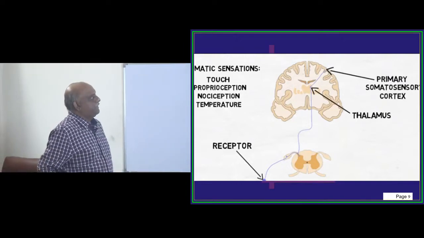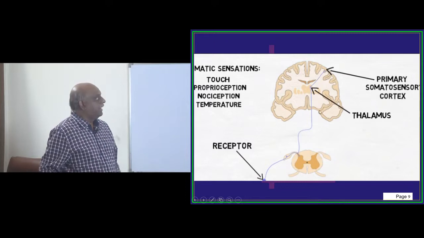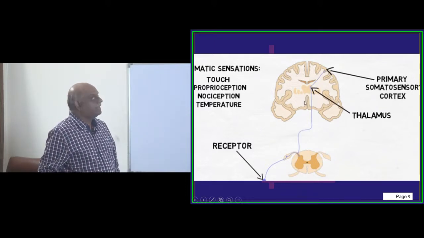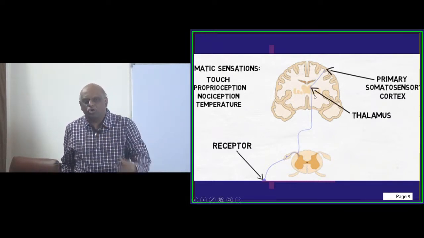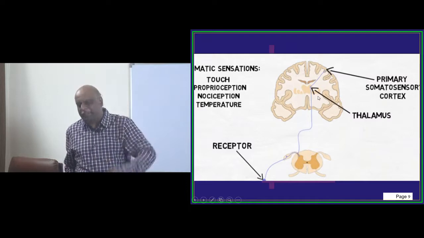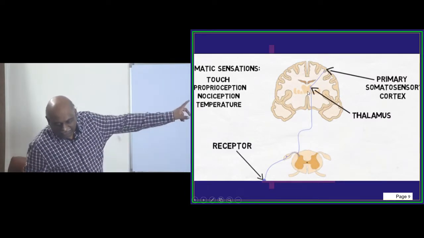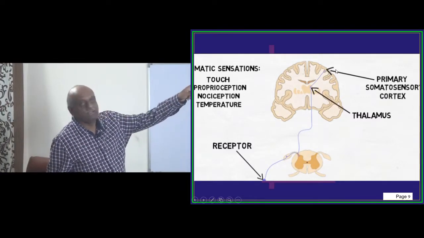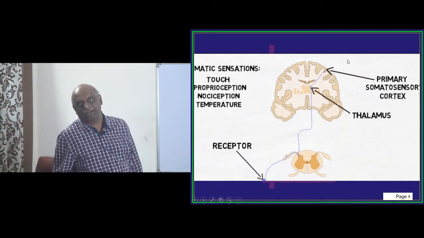So doctor, this is the primary somatosensory cortex, and it is in a close relationship with the thalamus. Thalamus is the place where all sensation going up, the pain, temperature, touch, vibration, everything will ultimately get reported in the thalamus, and from the thalamus they will all get relayed to the primary somatosensory cortex.